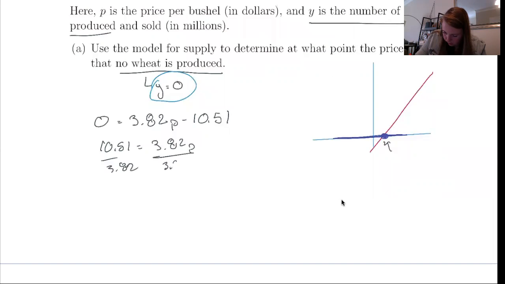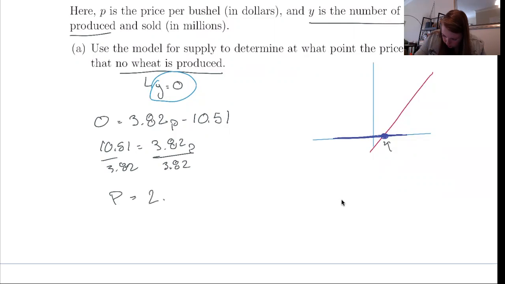And the price, the farmers are going to be like, I can't sell it for that little. I cannot feed my family. 3.82. There we go.